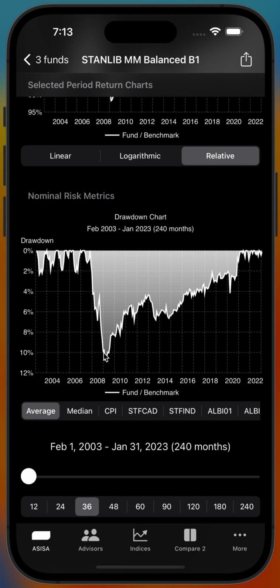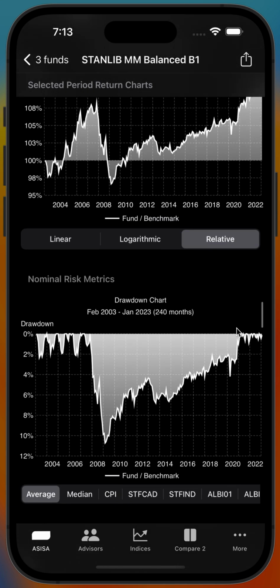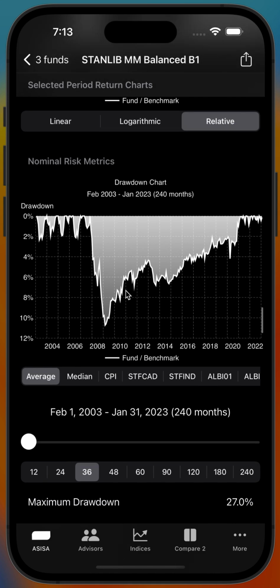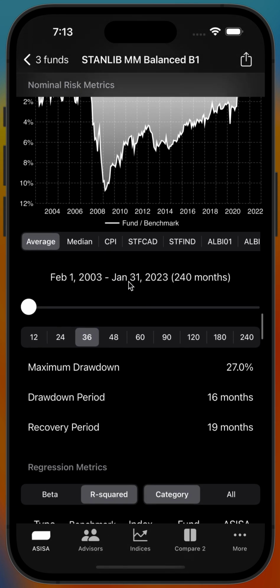In other words, from this point it would have outperformed the benchmark all the way to there, like we saw up here. It's outperforming the benchmark, but it was really just recovering from its previous underperformance. So from that high point where it outperformed the benchmark, it then went and underperformed the benchmark. That's reflected here. And again, this is not necessarily the fund's benchmark, it's whatever benchmark you've selected to do the comparison with.